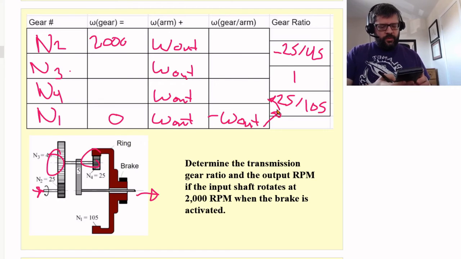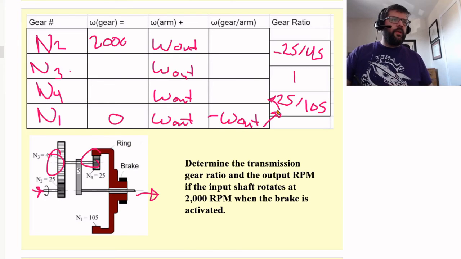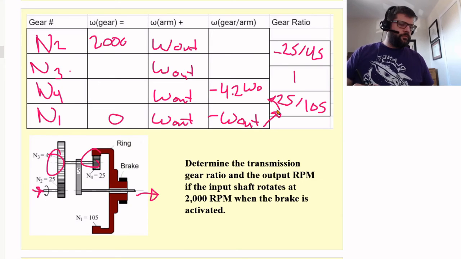So negative W out divided by 25 over 105. That gives us negative 4.2 W out. Again, we keep our negative sign there from the original W out. Just copy that over here.